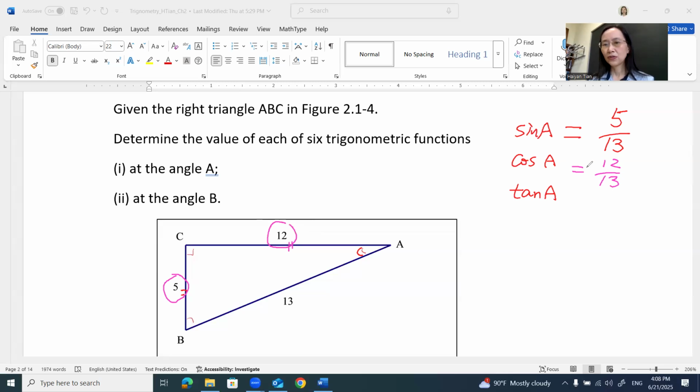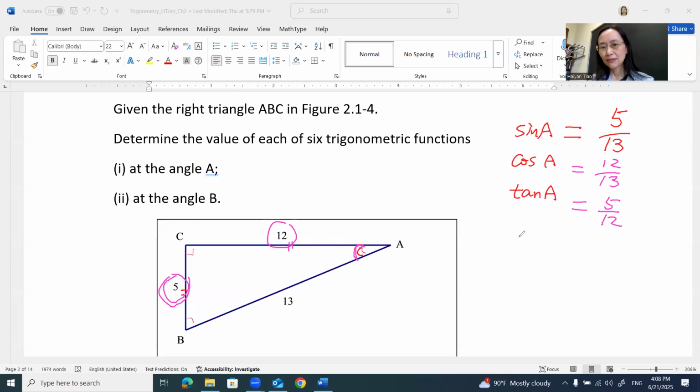So 5 over 12. Opposite means what? Means the side opposite to angle A over the side adjacent to angle A. So 5 over 12, that's the tangent value. So let's continue. We have 3 more function values to determine.